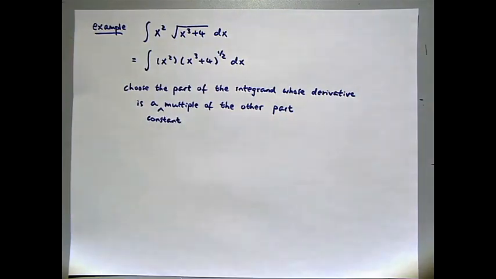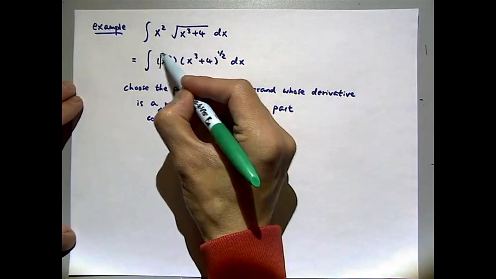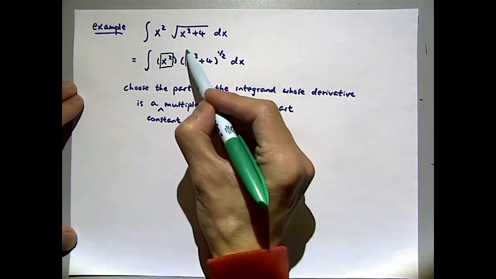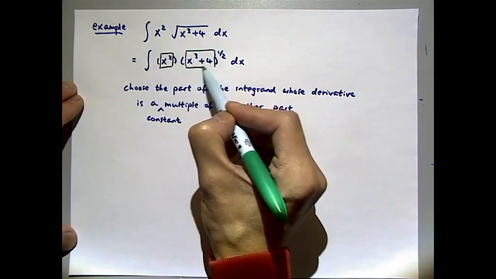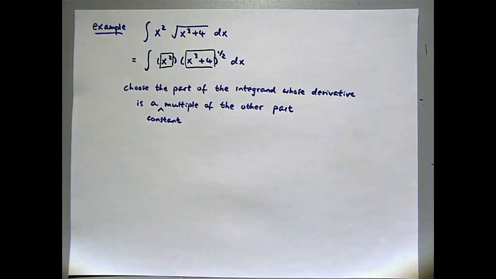So what do I mean by this? If you look at the two parts of the things we're investigating, there's x squared. And for the moment, I'm going to temporarily set aside that power 1/2 and just look at x cubed plus 4.